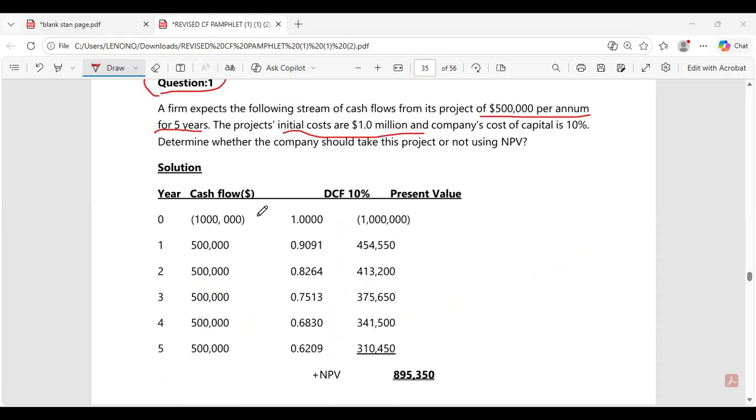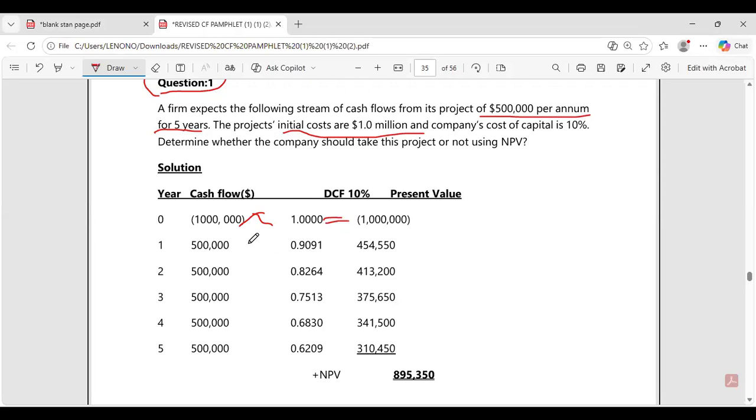Here you multiply these two to get the last one. Then here you multiply to get the last one. You also multiply here to get the last one. You multiply, get the last one, each time.